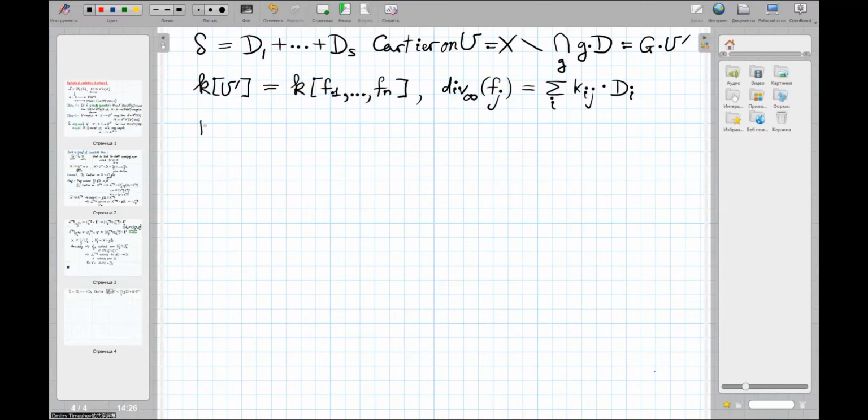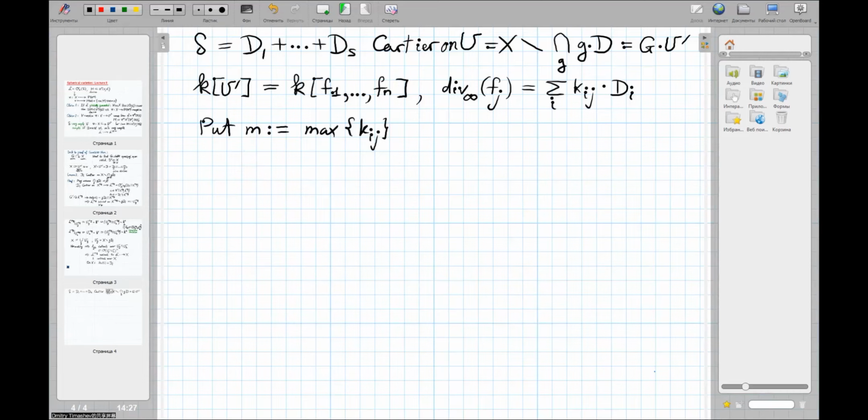Now let's take the maximum of these k_ij's. So put m equal to the maximum of these numbers. And let's consider the mth multiple of delta, and the canonical section.